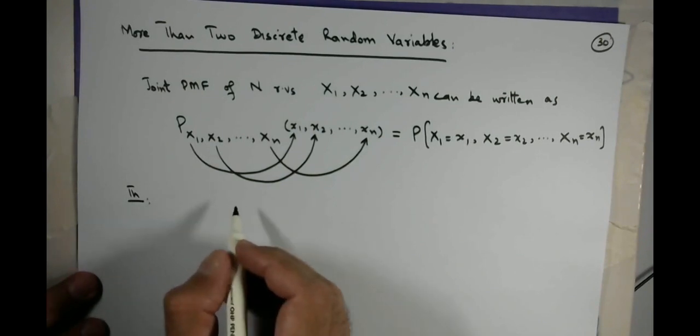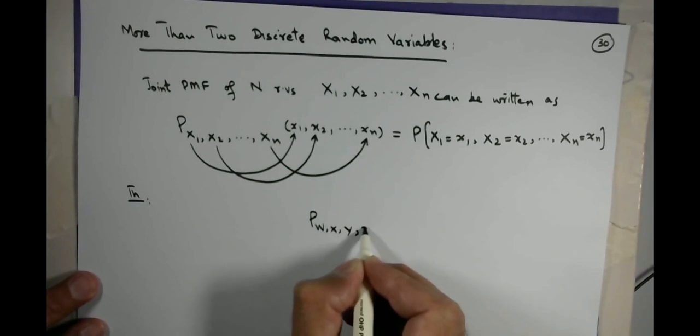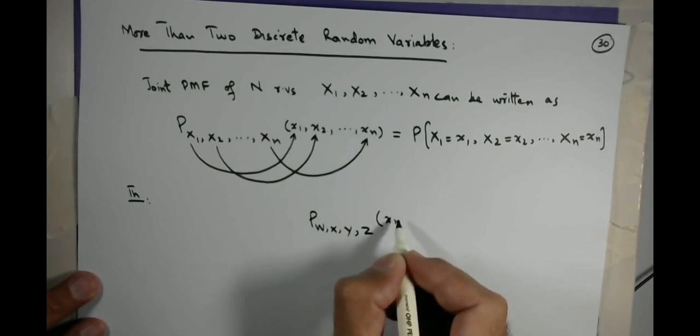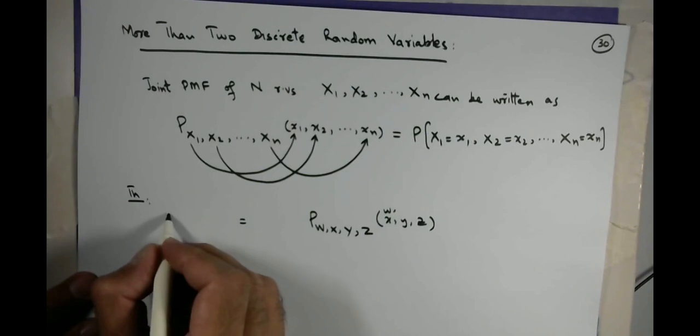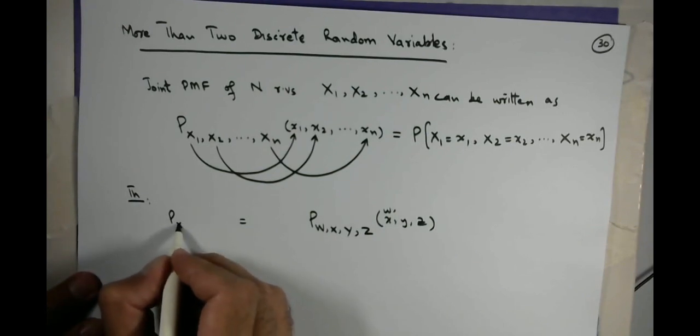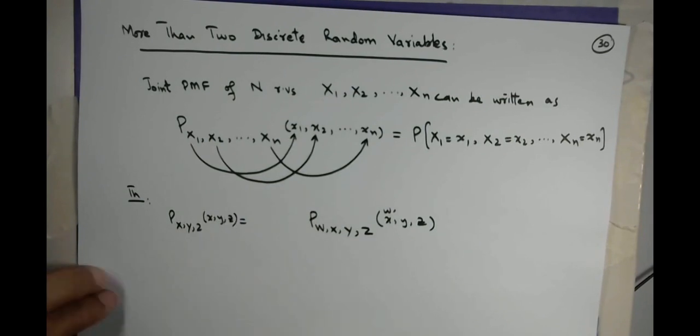So, suppose your giant distribution is on 4 random variables w, x, y, and z, and you need to find a marginal distribution on x, y, and z, which means you have a 4-dimensional distribution, and so it can generate many 1-dimensional, 2-dimensional, and 3-dimensional marginal distributions.